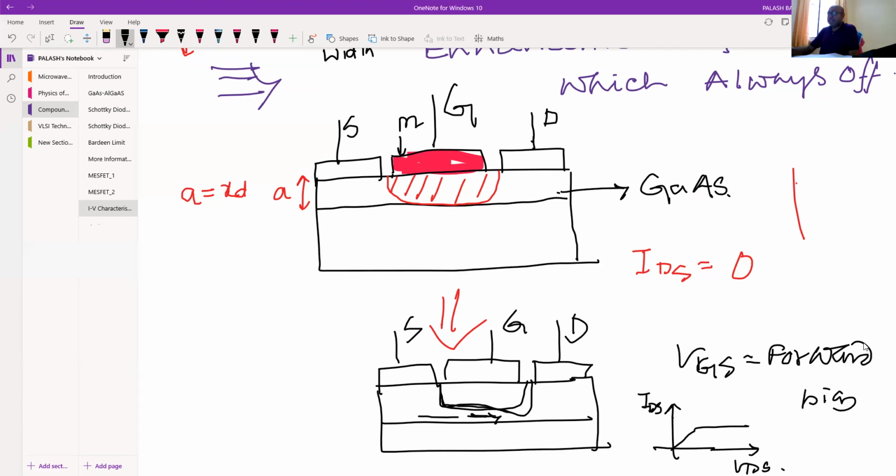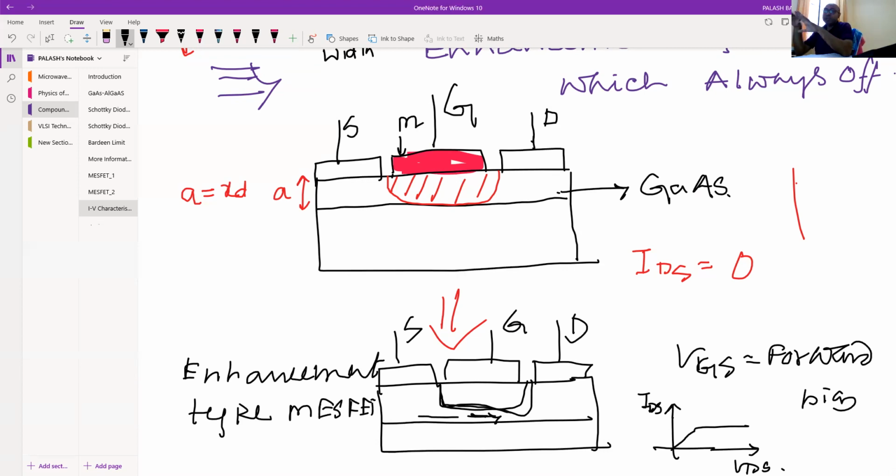So in this case, you see that the whole thing can be turned, with a little bit of negotiation, into enhancement type MOSFETs. The difference is actually simple.